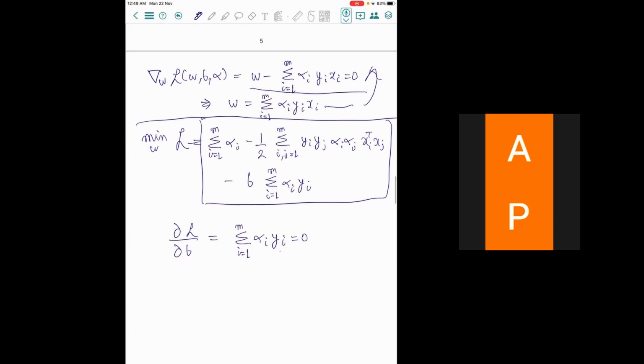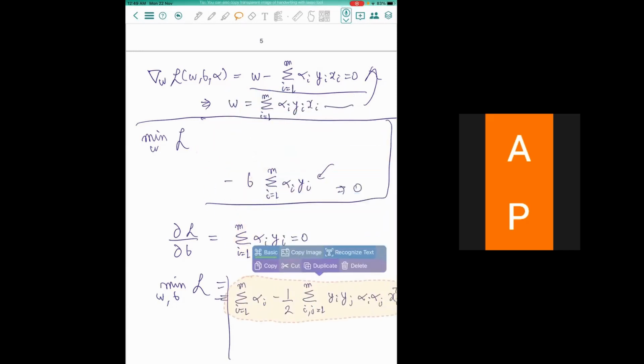After this, if we minimize the Lagrangian over b, we find that sum over i from 1 to m of alpha_i y_i is equal to 0. This implies that this last term is equal to 0 in case of taking the actual minimum. So the minimum over both w and b of the Lagrangian will be equal to just this first part.